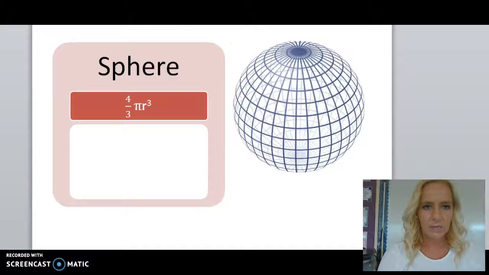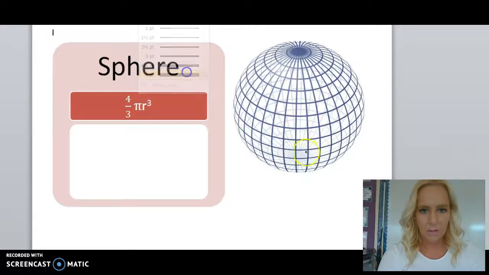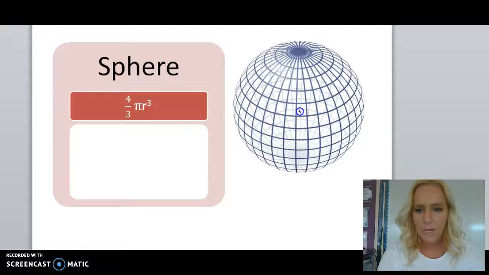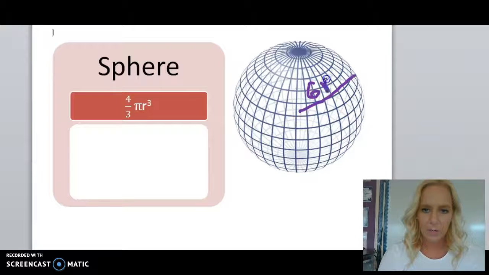We're going to give this sphere a radius. From the middle, the radius is from any point in the middle to the edge of the circle. So let's say 6 meters.